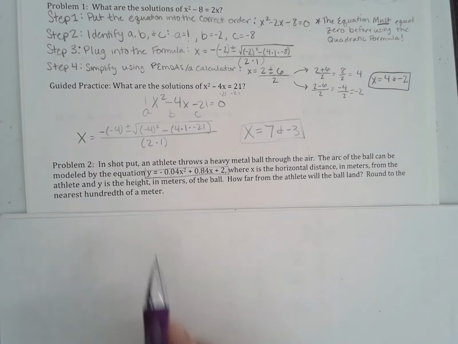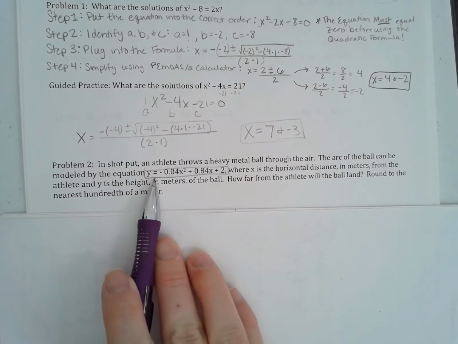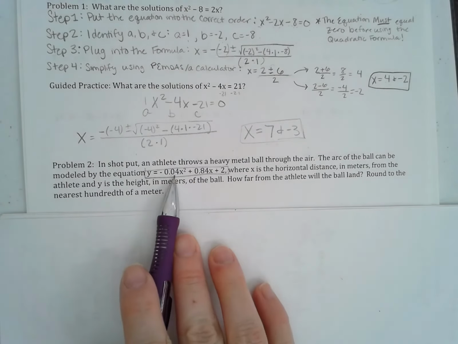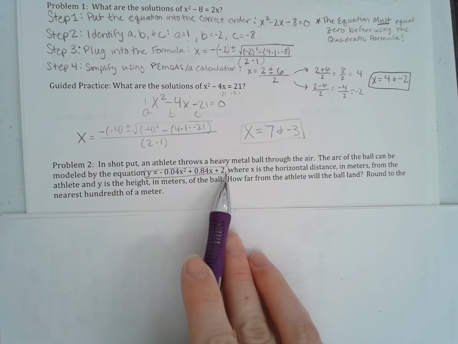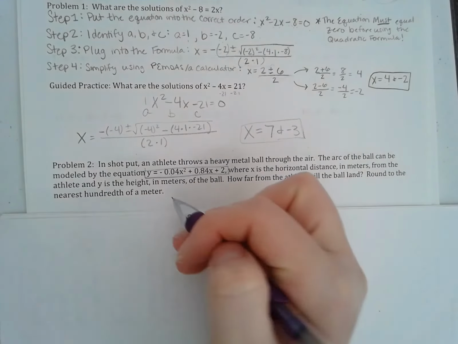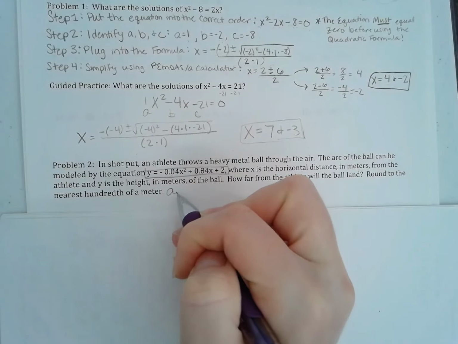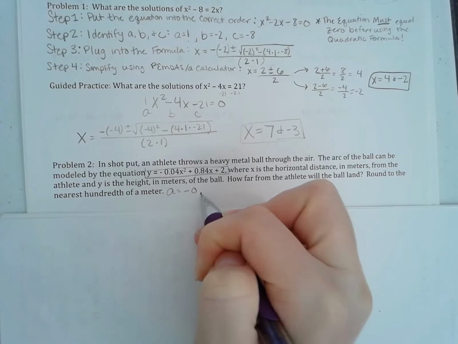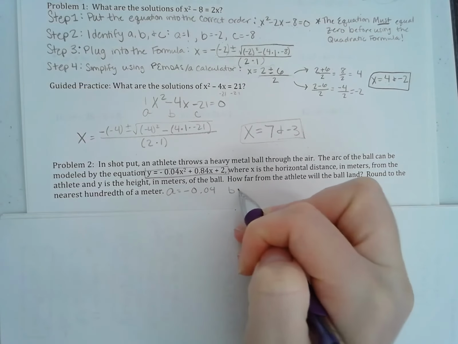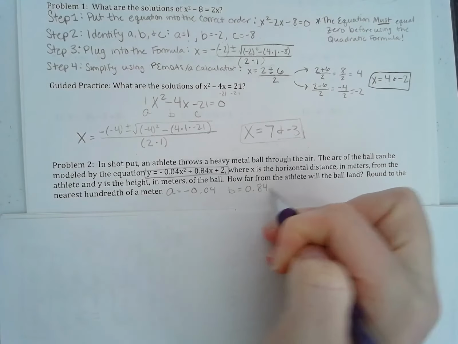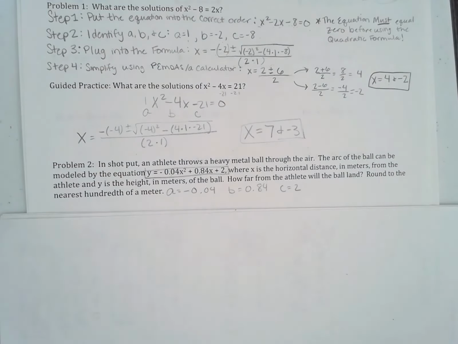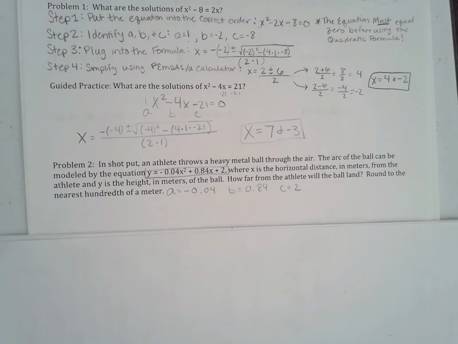So we're going to first have to put this equation in the proper order. It already is. I have x squared, x, and then a number. Then I have to identify A, B, and C. Well, A is going to be -0.04, B is going to be 0.84, and C is going to be 2. My next step is to plug this into the quadratic formula.